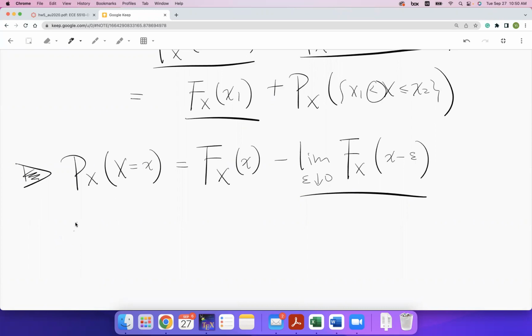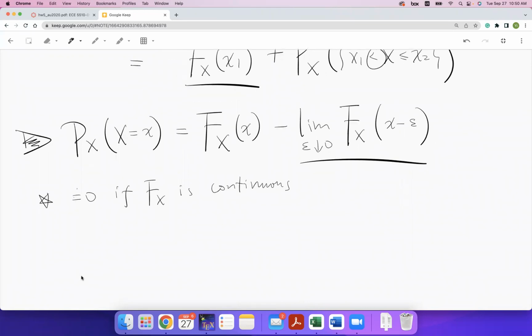So this equals 0 if F_X is continuous. So these are the basic properties of the CDF function that we need to know.